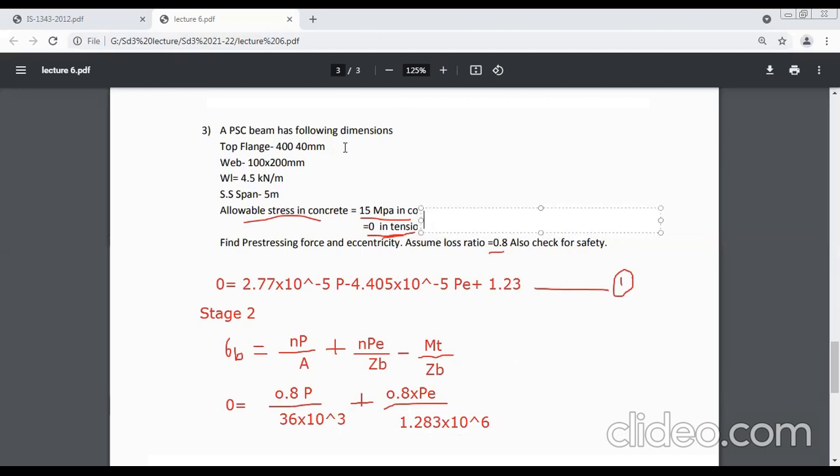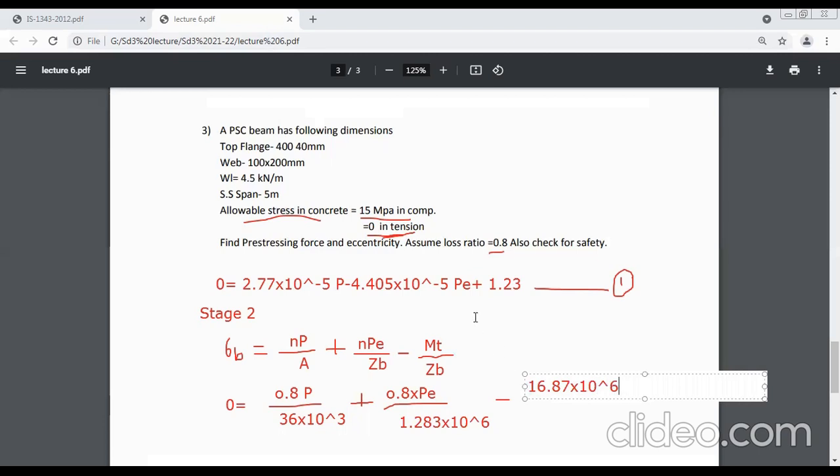Then minus the bending moment due to total loading, 16.87. This is in kilonewton meter, and in Newton mm, multiply by 10 raised to the 6.